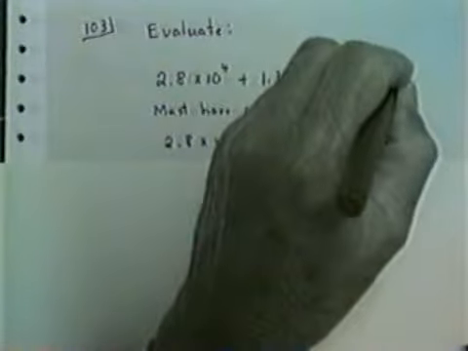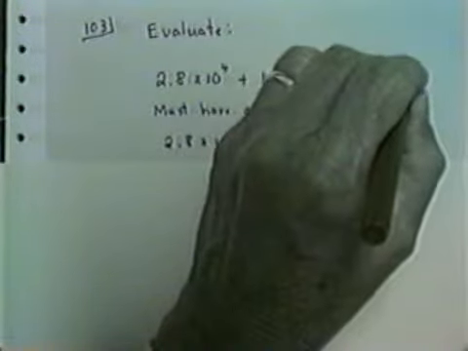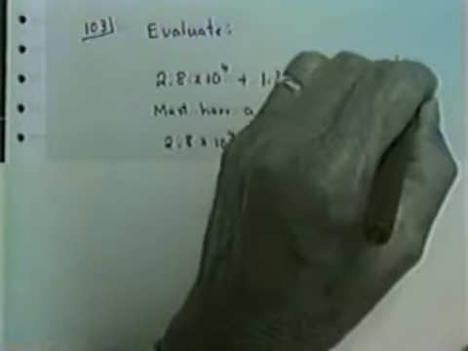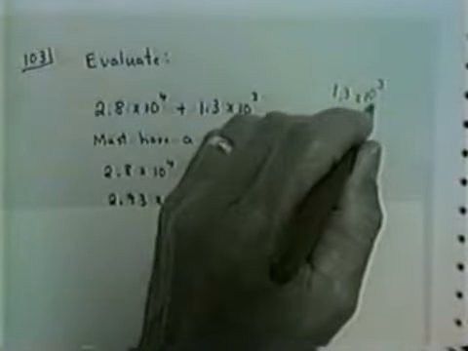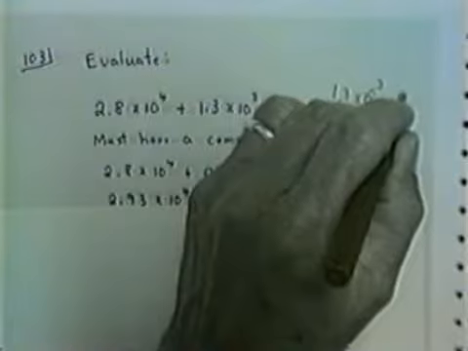Now let me go out to the side and show you what I did. We've got 1.3 times 10 to the 3rd. Well, what I'm doing is, I am saying that's the same as over 1, and I'm multiplying both top and bottom by 10. Now multiplying by 10 over 10 is just the same as multiplying by 1.